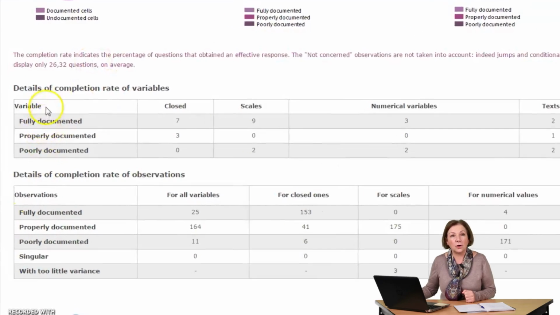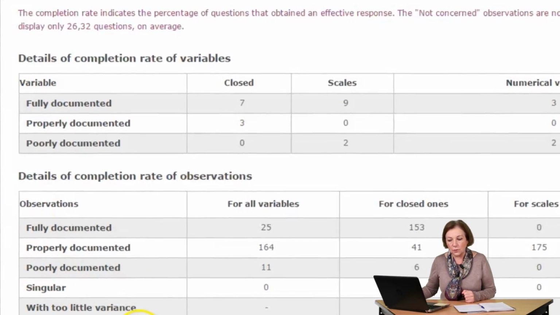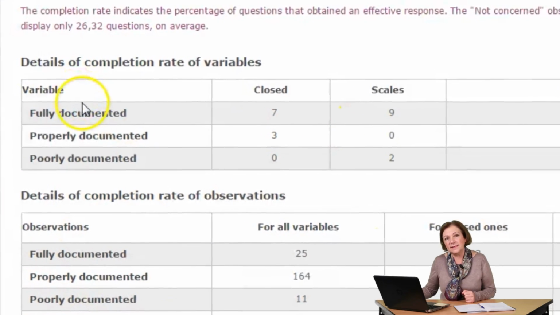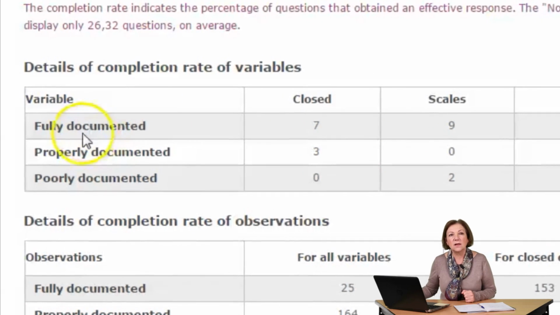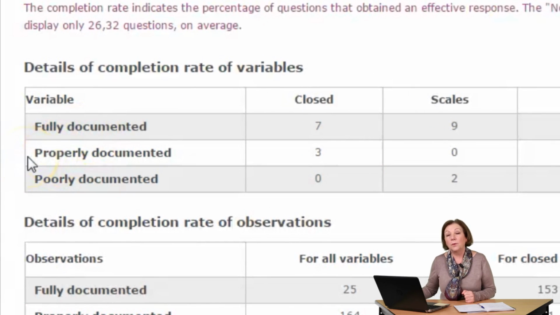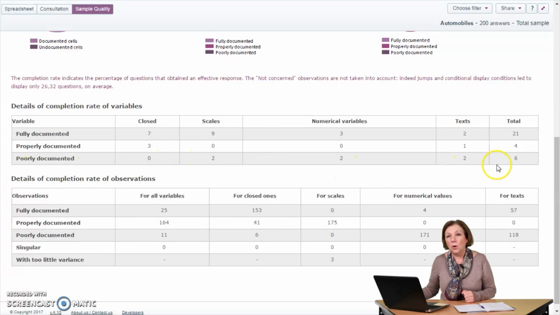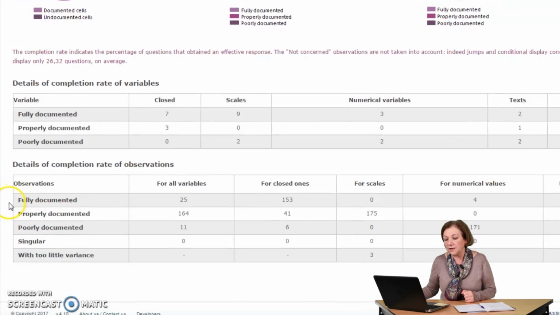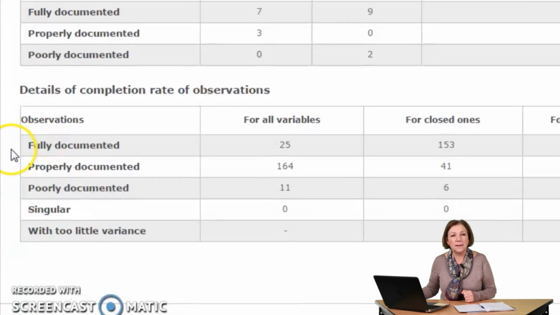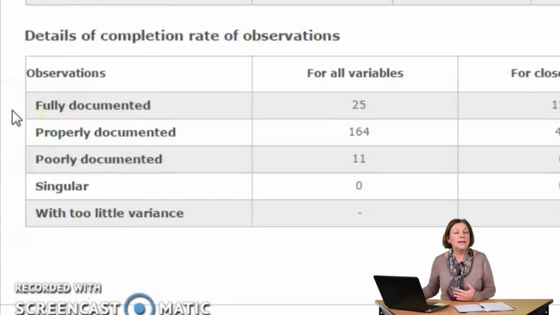Okay, so these are the columns and these are the rows. And we find the same type of diagnostics: fully documented, properly documented, and poorly documented. So we want to be careful with poorly documented variables. And here we have the same with the observations. We have fully documented observations, meaning that the people have answered all the questions.